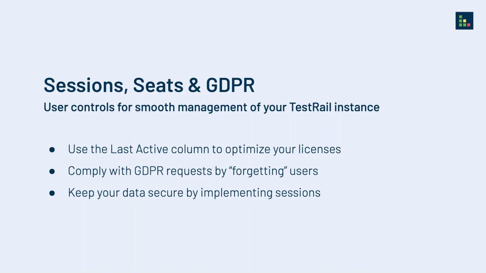Okay, so while we're on the subject of managing your users, there's a few other useful features that I want to touch on. Managing your user licenses, GDPR, and session management inside of TestRail.